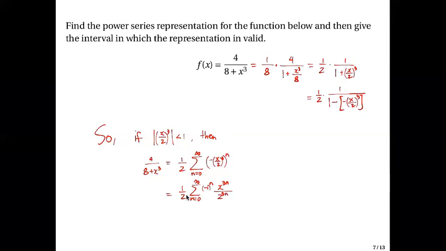And if we bring this 1/2 inside this power series, we will get the series from n equals 0 to plus infinity, negative 1 raised to n, x raised to 3n over 2 raised to 3n plus 1. So again, this one is valid only in this interval.